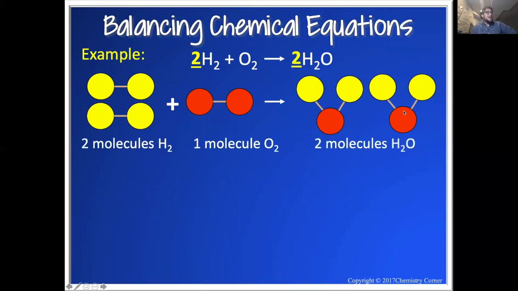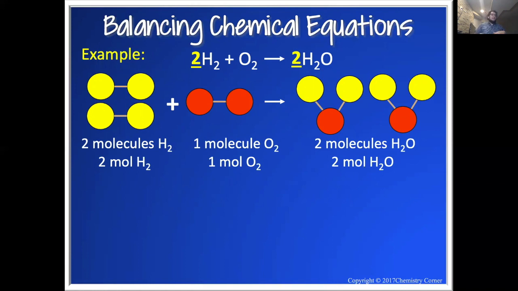Okay, so now we're making math work for us. All right, so let's do it. Realize that these coefficients represent ratios. So I know that for every 2 molecules of H2, I'm going to need 1 molecule of O2. Just like if you think back to the virtual lab, you need 2 slices of bread and 1 slice of cheese to make a sandwich.